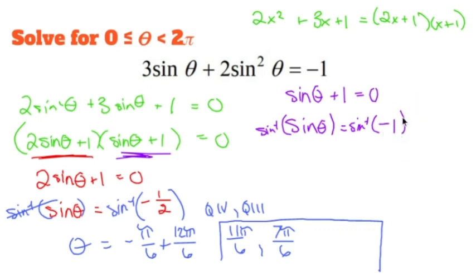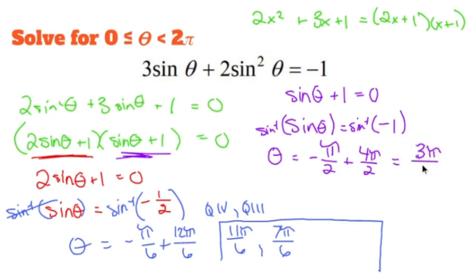And the inverse sine of -1 is negative pi over 2. So theta is negative pi over 2. Once again, this is no good because it's negative. So we add 2 pi, which in this case is the same as 4 pi over 2. And that ends up giving me 3 pi over 2.